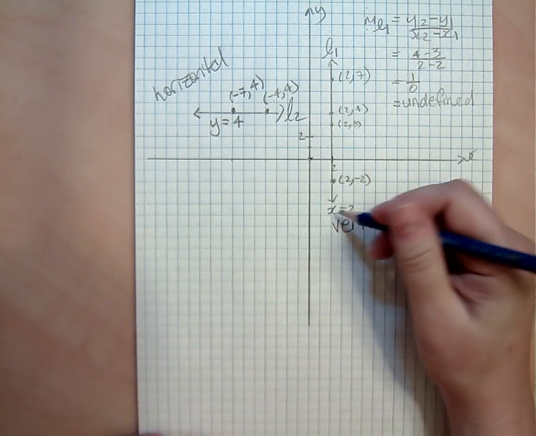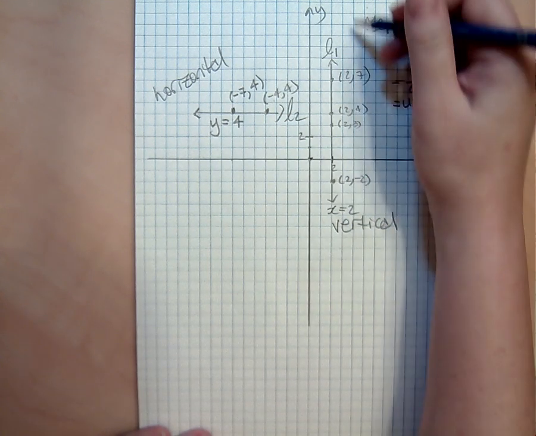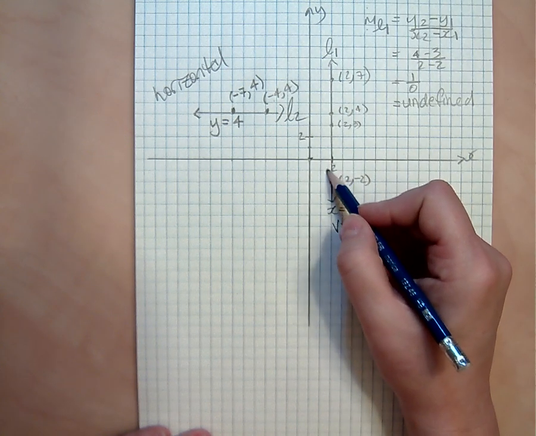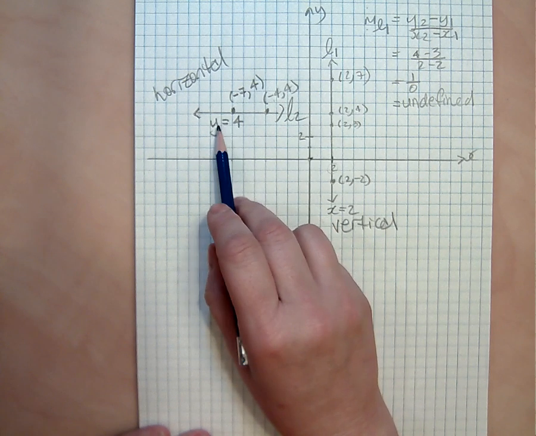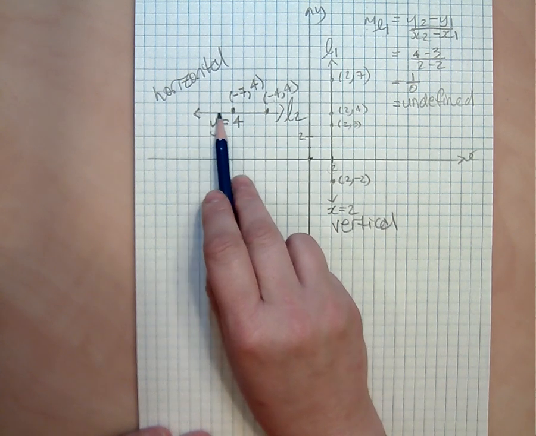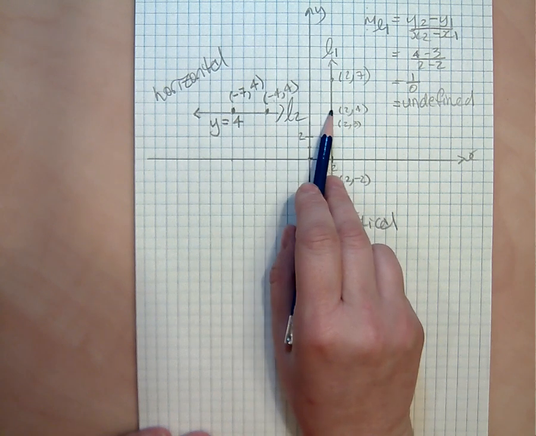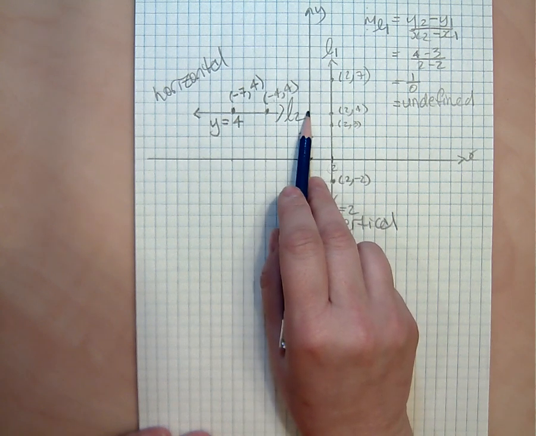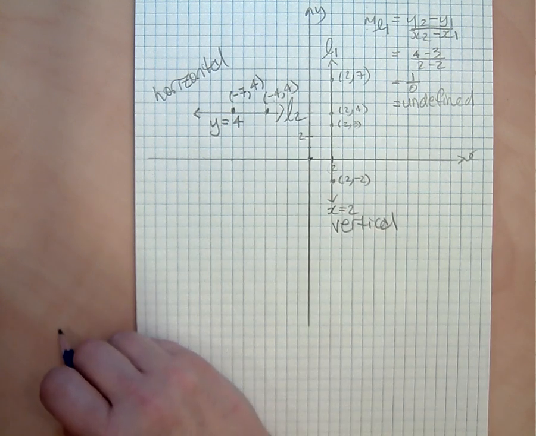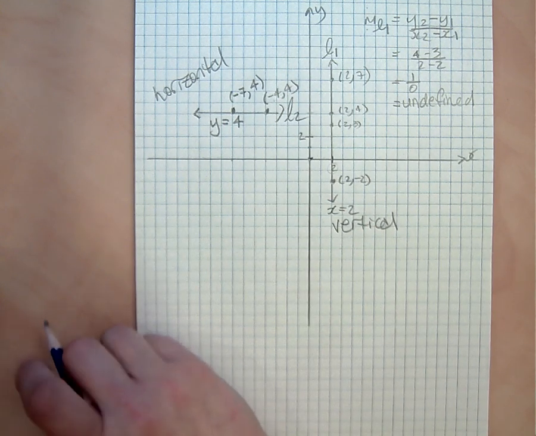So when you have x equals a number, that will be a vertical line through the x-axis at that value. And when you have a horizontal line, the equation will be y equals wherever this line is going to cut the y-axis, or intercept with the y-axis, which of course is going to be 4 in this case with line 2. So we have the equation of this line.